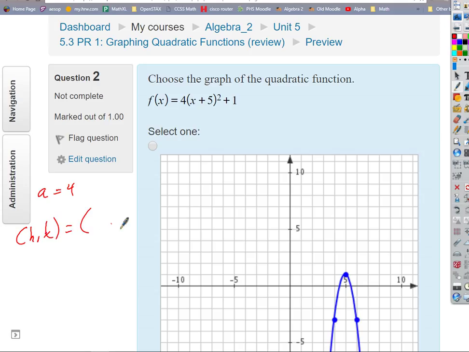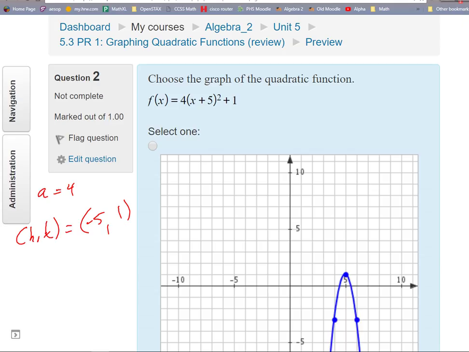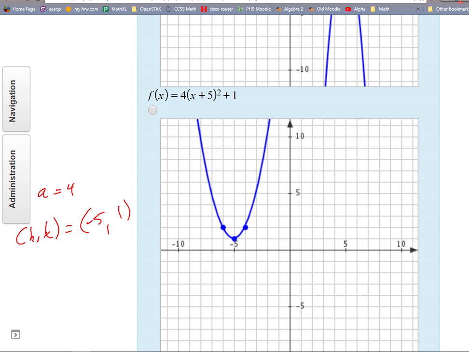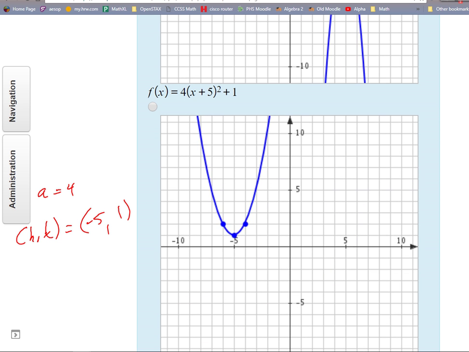Where's the vertex? What are the coordinates h, k? -5, +1. Good, okay? So we've got to stretch this thing by 4, and we've got to have the vertex located at -5, 1. So we just got to find that, right? So -5, 1.